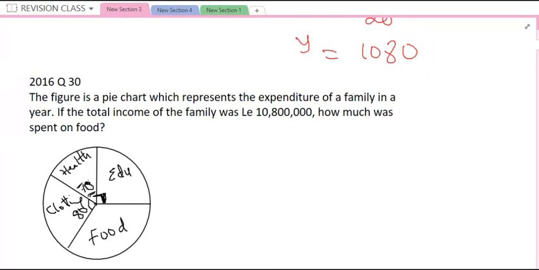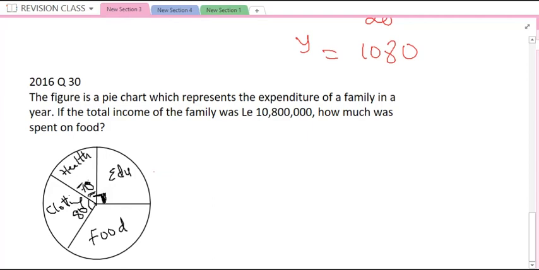If the total income of the family was 10,800,000, how much was spent on food? Still very similar to what we have been doing. They want us to get how much the family spent on food.